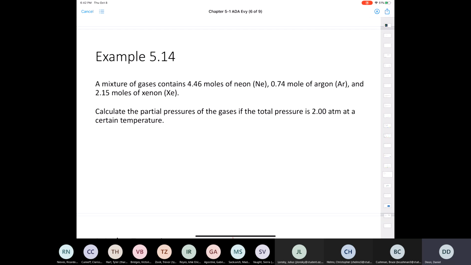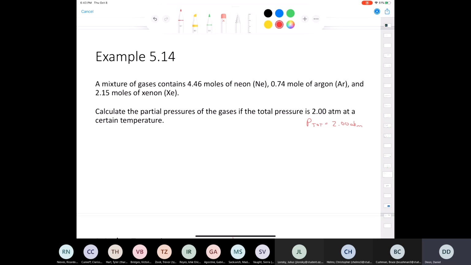Calculate the partial pressures of the gases if the total pressure is 2.0 atmospheres. Well, we know our total pressure. Our P total is 2.00 atmospheres.